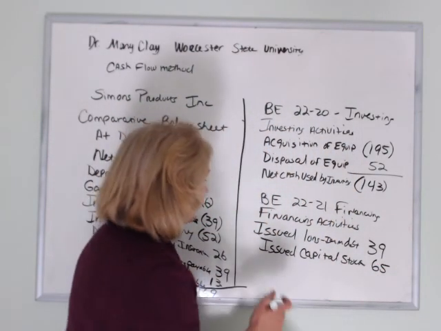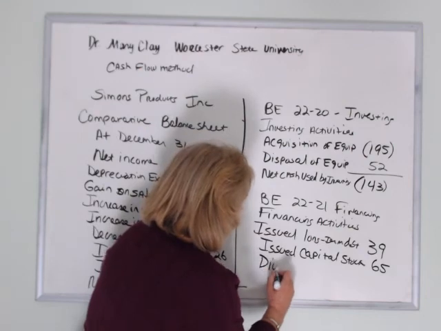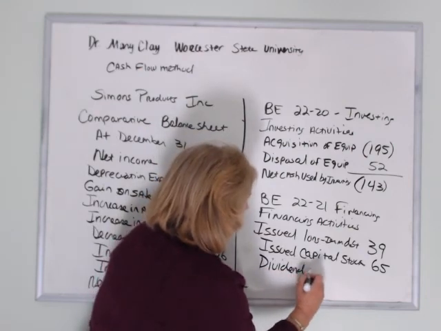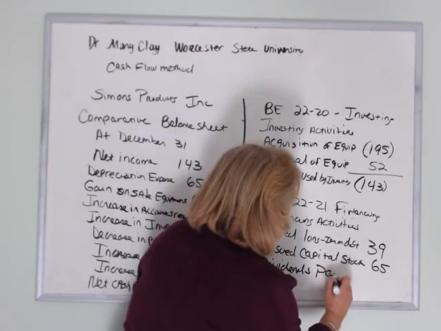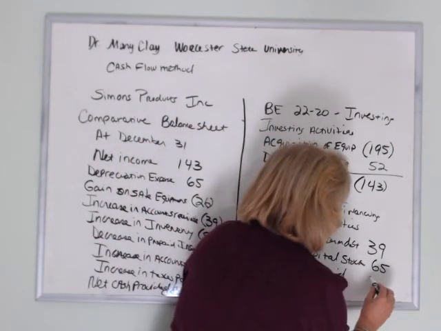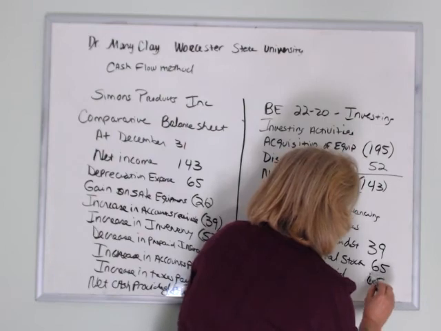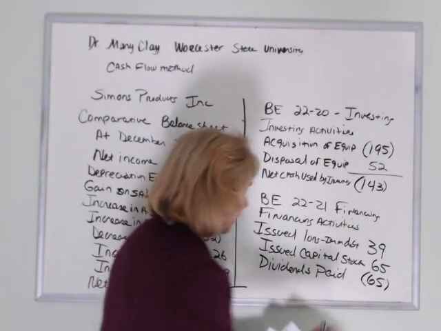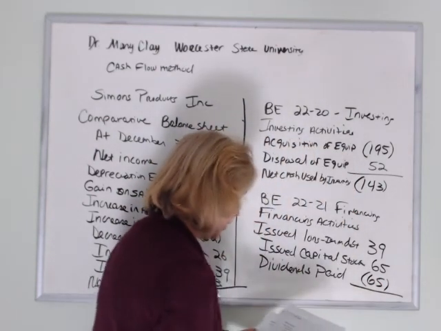We just went through. We figured out dividends paid. Remember, this is going to be a negative number. Dividends paid is in the financing. That's negative. And then we total it down.